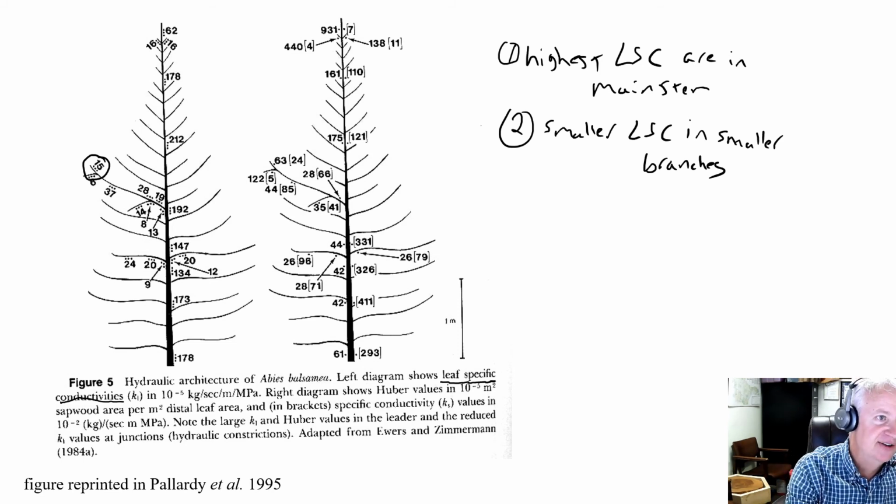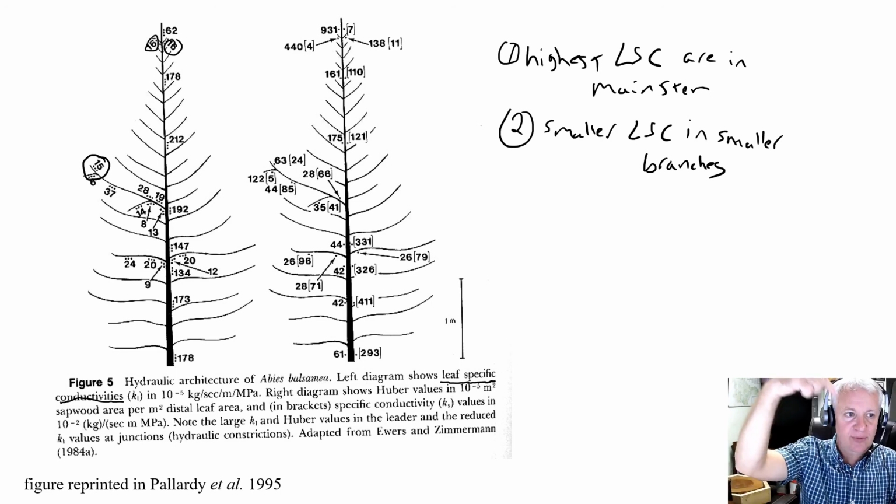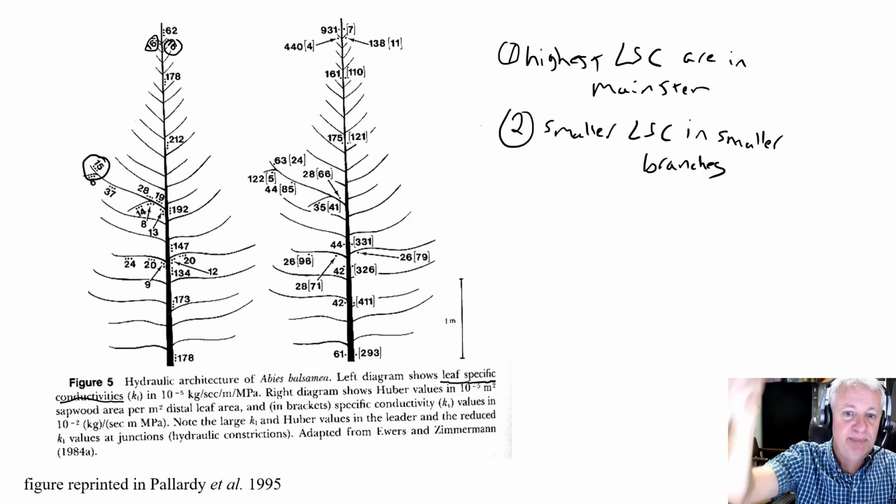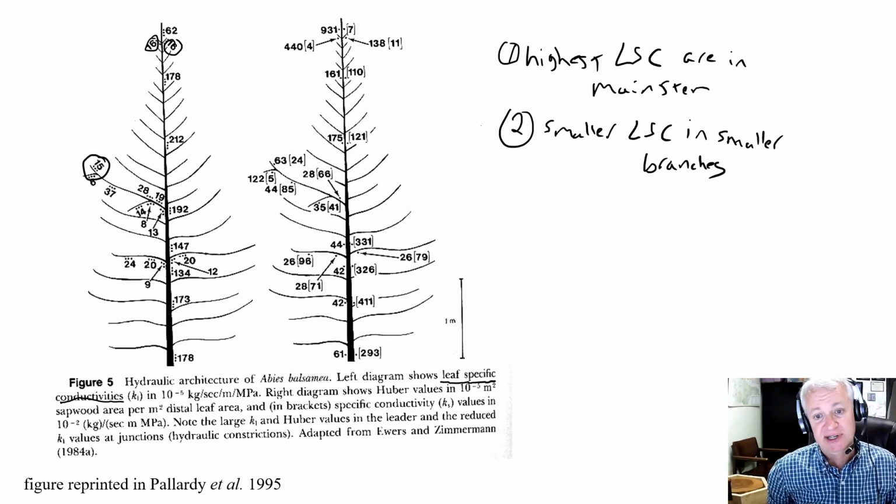So you can see those really small hydraulic conductivities happened out here, so that in water transport, you'd see the biggest drop in water potential way out there on the branch tips. Now, later on, we'll talk about how reduced water potential causes cavitation, breakages in the water column. We'll go into that in detail later.